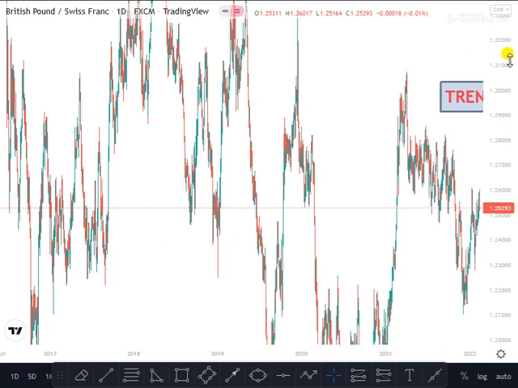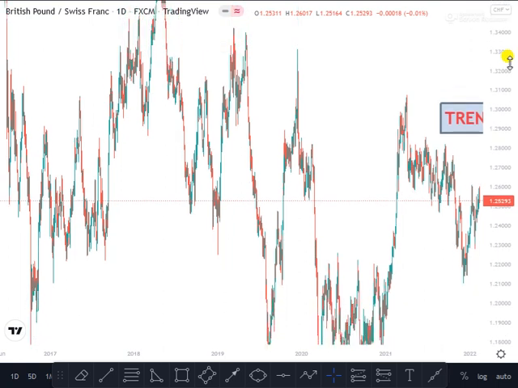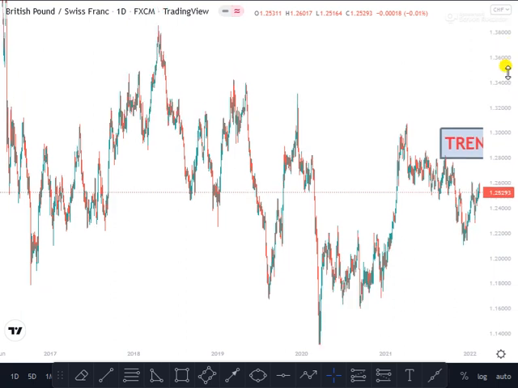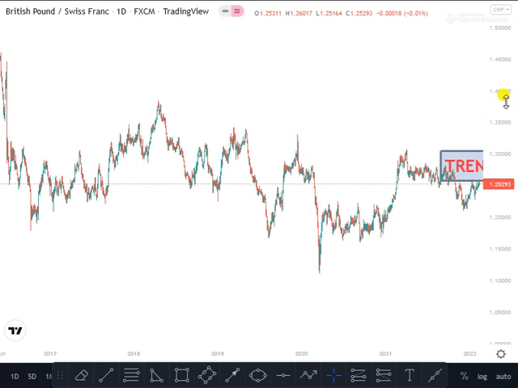So this is what we call trend. We have these different kinds of trend, where it is either moving upward, moving downward, or moving sideways. It is either of the three.